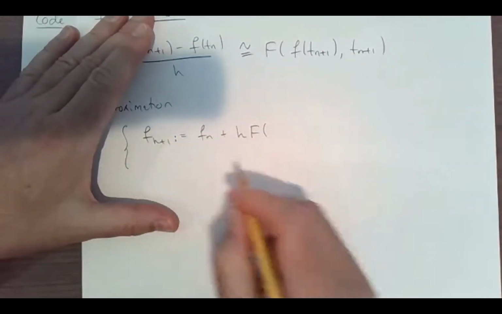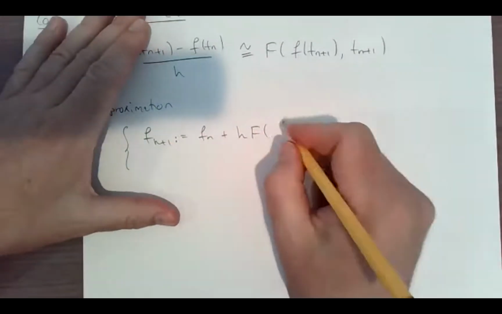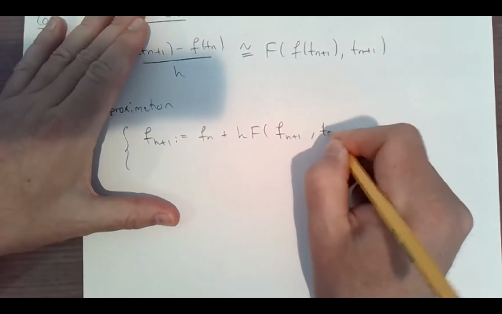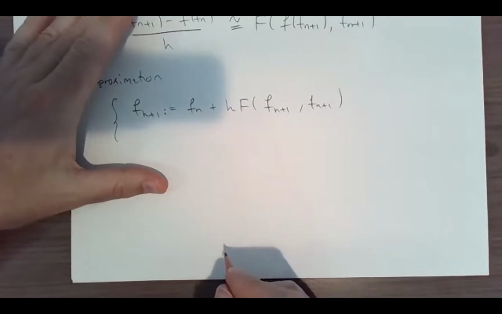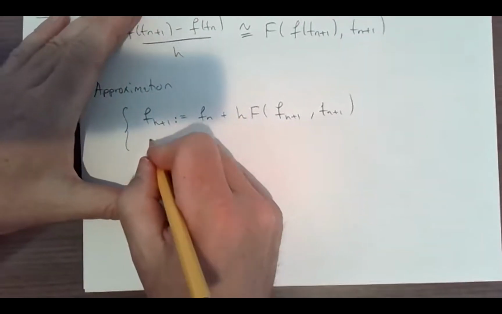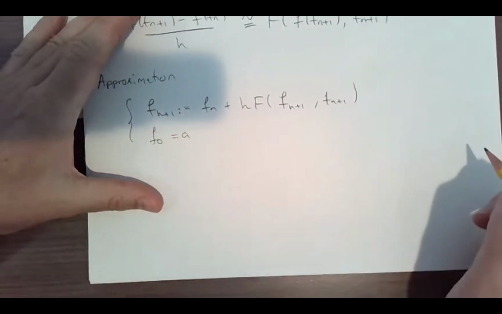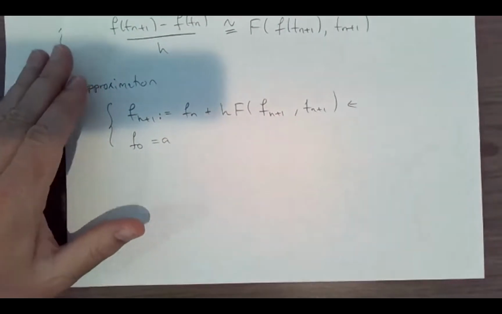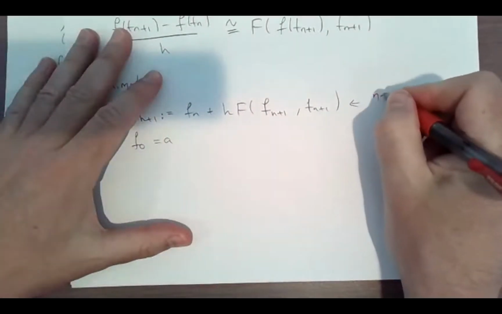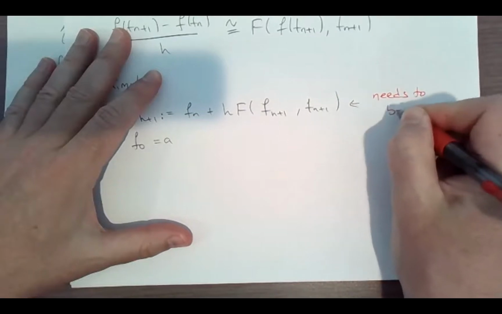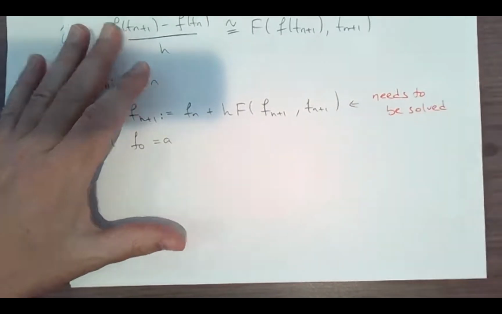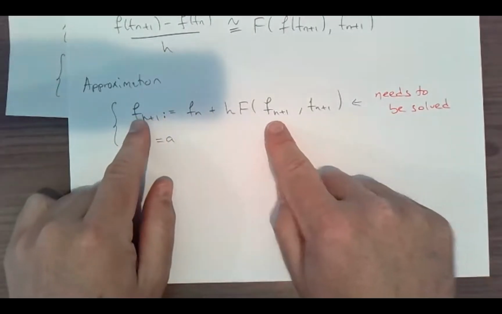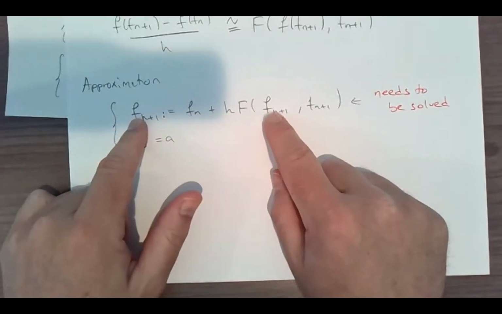So this is the definition. This is how we get the next one in terms of the previous one. And here you have f at t_{n+1}, and you have f_0 equal to a. All right, so this here is implicit. This is an equation you need to solve. Because you're given the previous one, but then you have to solve this equation here for f_{n+1}.